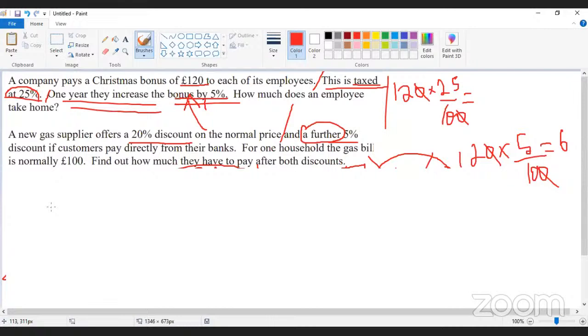A new supplier offers 20% off the normal price. So this is from the supplier, from the normal price. Normal price is 100, he gave 20%, so now the price is 80. That's it. Now from this, it goes to the next.